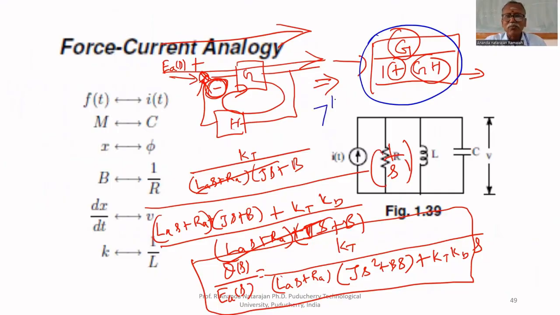That is the 7th rule. First rule is all blocks can be multiplied. 7th rule is like this, the feedback path can be removed. Like that, 7 rules are there that we will see in the next class. Then we will take the block diagrams and reduce the block diagram into a single transfer function. We'll see in the next class.